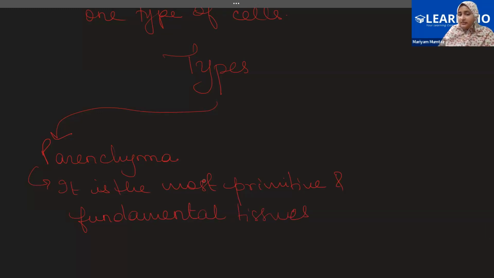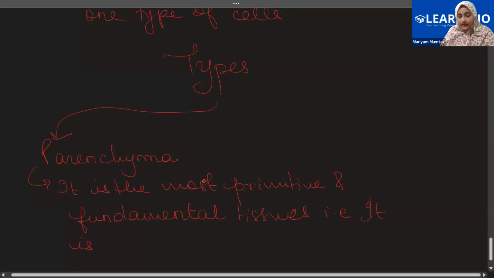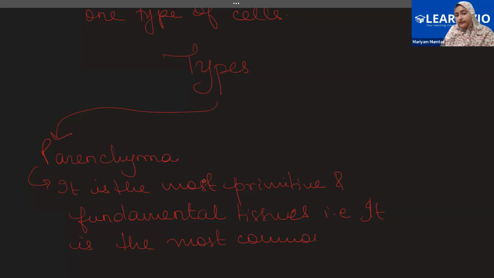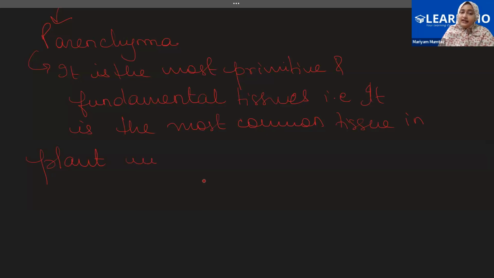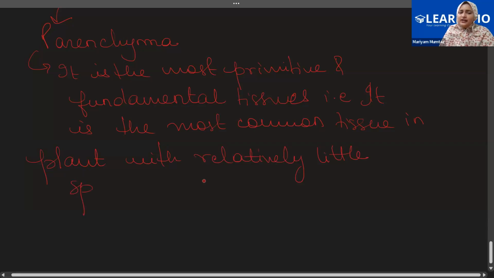Now, what does that mean? It means that it is the most common tissue in plants, with relatively little specialization, meaning it doesn't have big functions to perform.